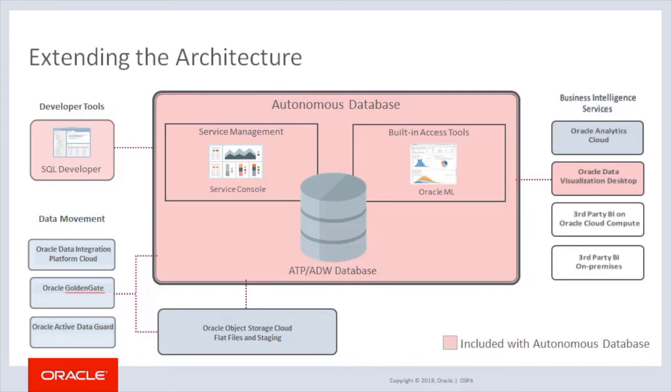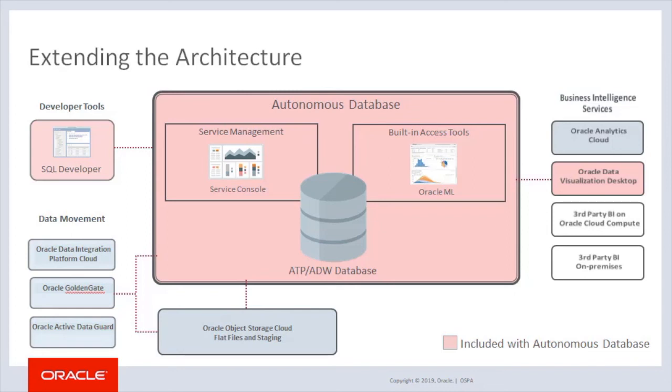Also included and integrated into the Autonomous Database offering is Oracle Machine Learning, which is a notebook-based environment that includes machine learning functionality built into Autonomous Database. A third tool included with the Oracle Autonomous Database is Oracle Data Visualization Desktop, which is an extremely capable business intelligence and analytics tool. In the graphic, the components that are included with Autonomous Database are colored in salmon color.